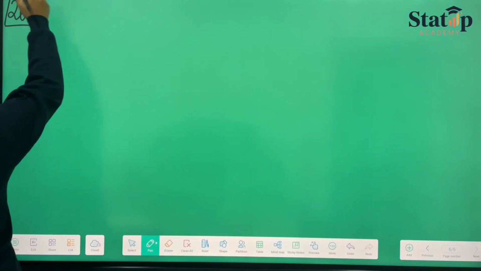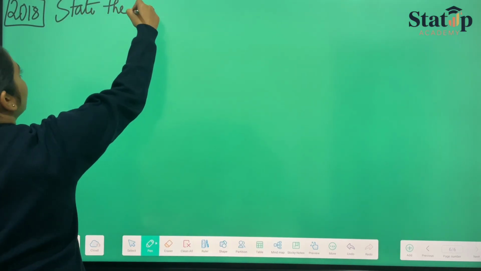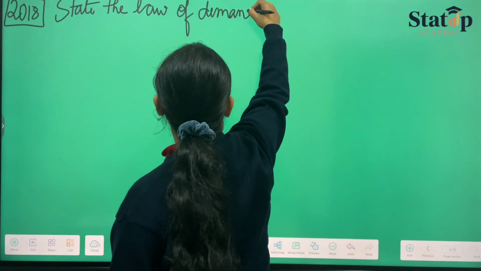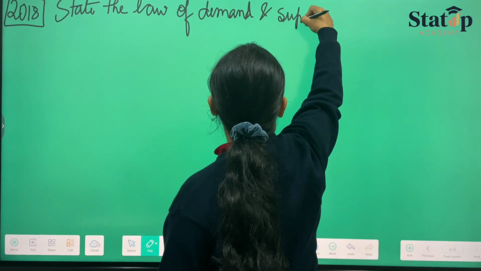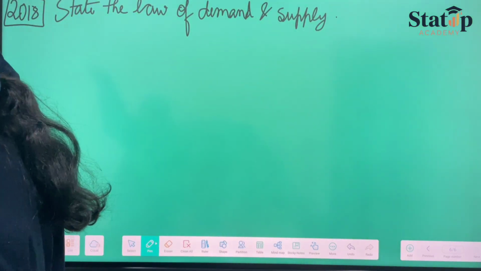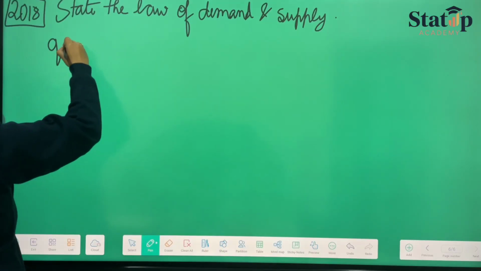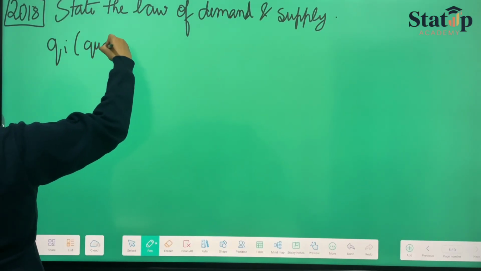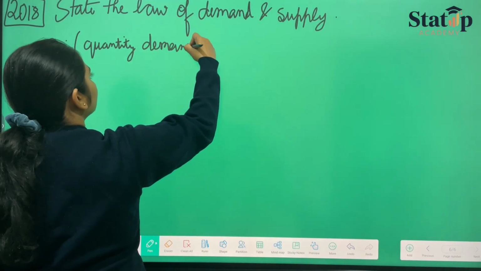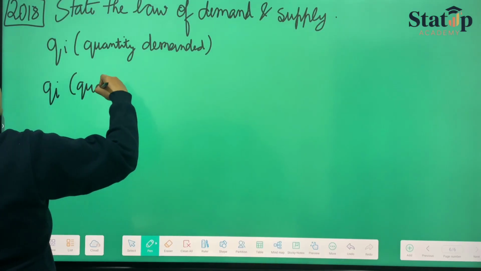The question says that we have to state the law of demand and supply. This is the first part of the question, and the second part has given us the following two models. The model is Qi, quantity demanded, and Qi, quantity supplied.